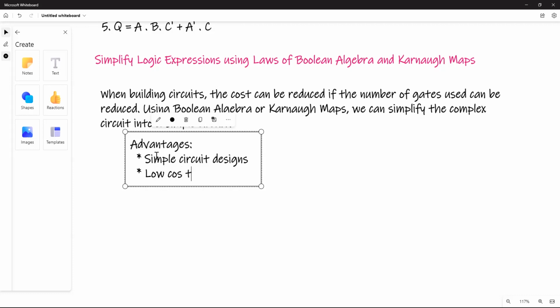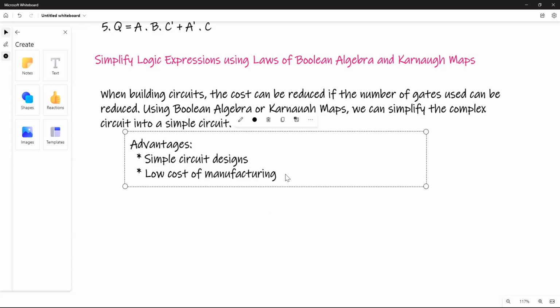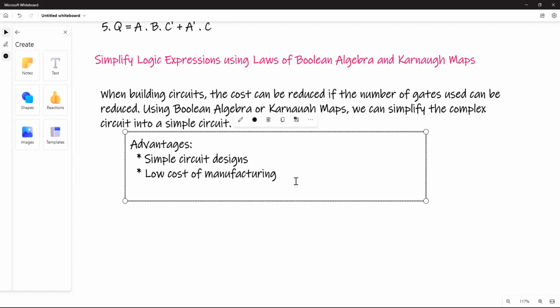And low cost of manufacturing. Since you are going to reduce the number of gates, the cost will be low.